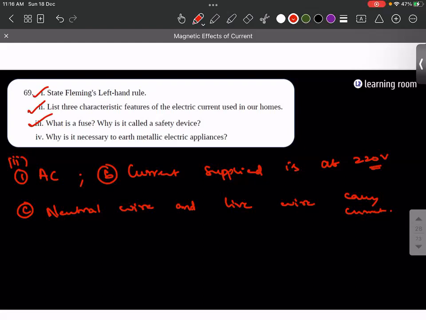So what is a fuse? A fuse is basically a safety device. And what is its job? Safety device means there might be 2 kinds of accidents.